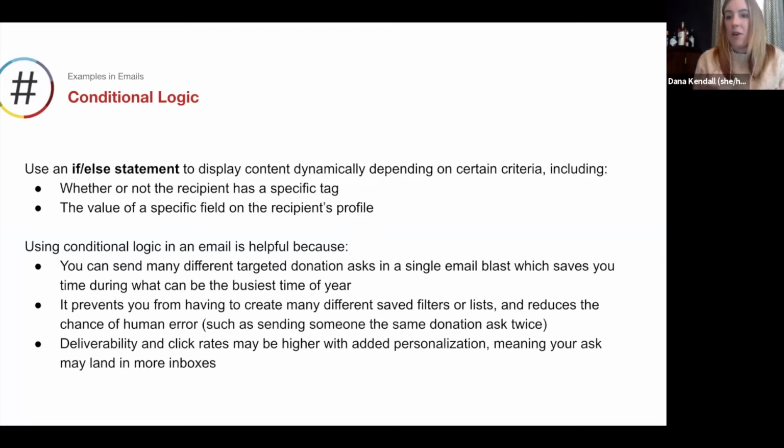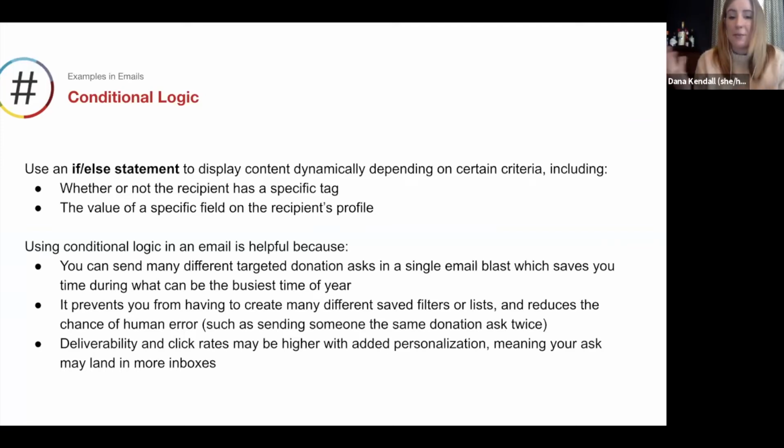Build out a template that you repurpose and just change out the content that's going to each type of group, depending on how they've engaged, depending on the tags, or if they're a member or if they're a donor or not. It also prevents you from having to build a bunch of custom lists, or segmenting out people in that way and tying them to email blasts, and then potentially running into an issue of human error, like sending somebody 2 versions of the same email, because we are all human.